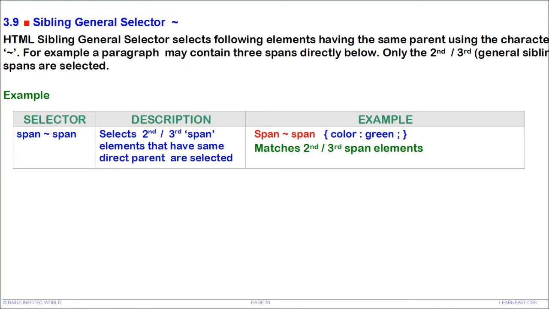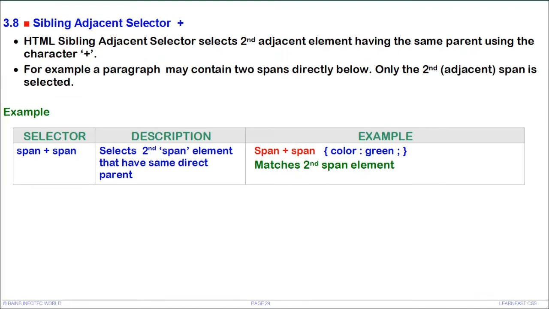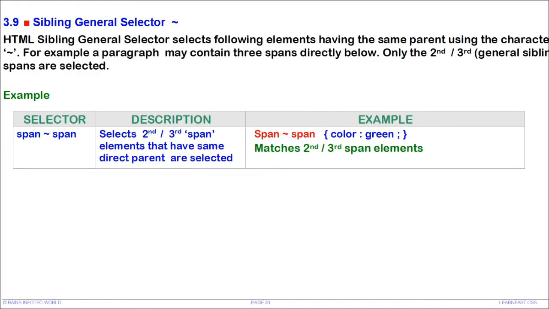Or an approximate equal sign. The plus sign is used for sibling adjacent selectors, or the sibling general selector to select any sibling. It doesn't have to be adjacent. We use the approximate sign, which is this one, and then we say any HTML sibling.